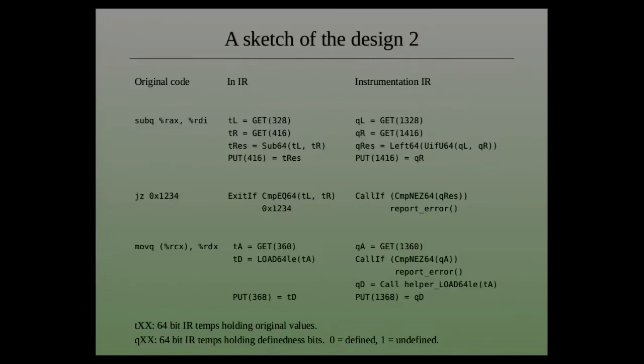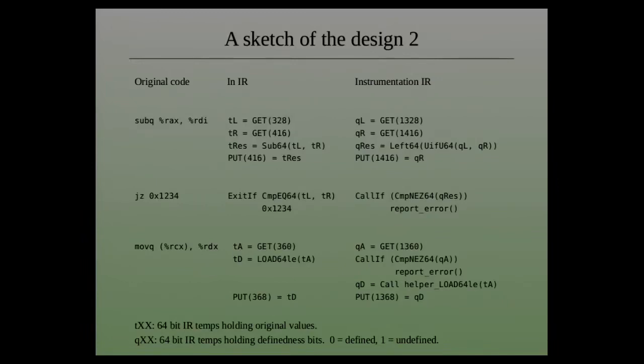So this is a little example of it. If we have an x86 subtract instruction, then you have some bits of code in the intermediate representation which pull the values out of the simulated registers, add them together, and then put the value back in the simulated register.